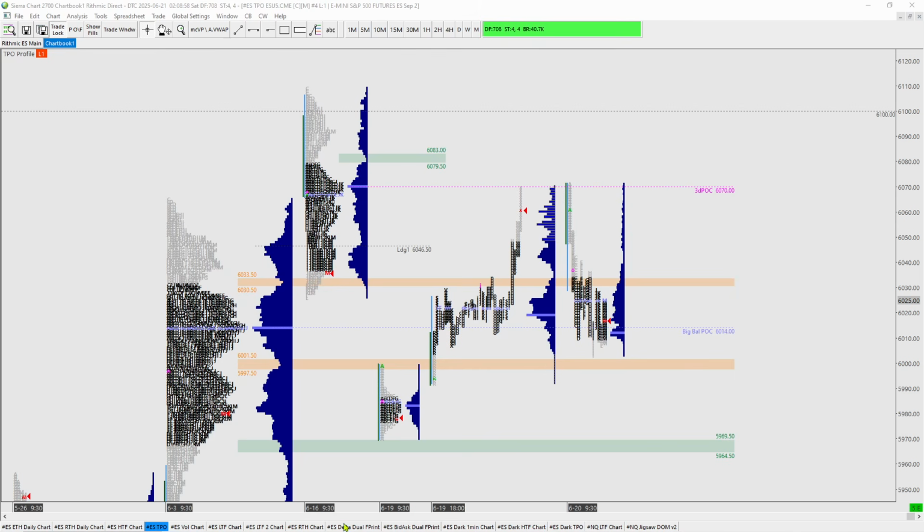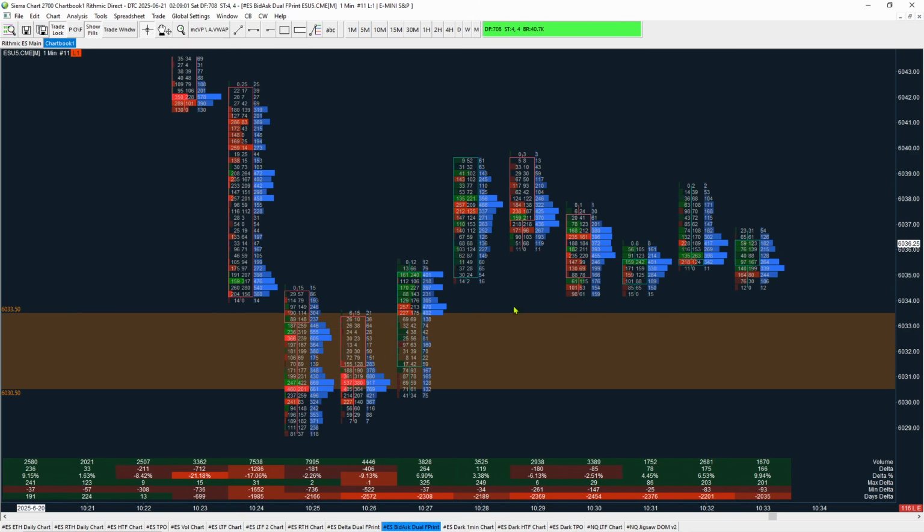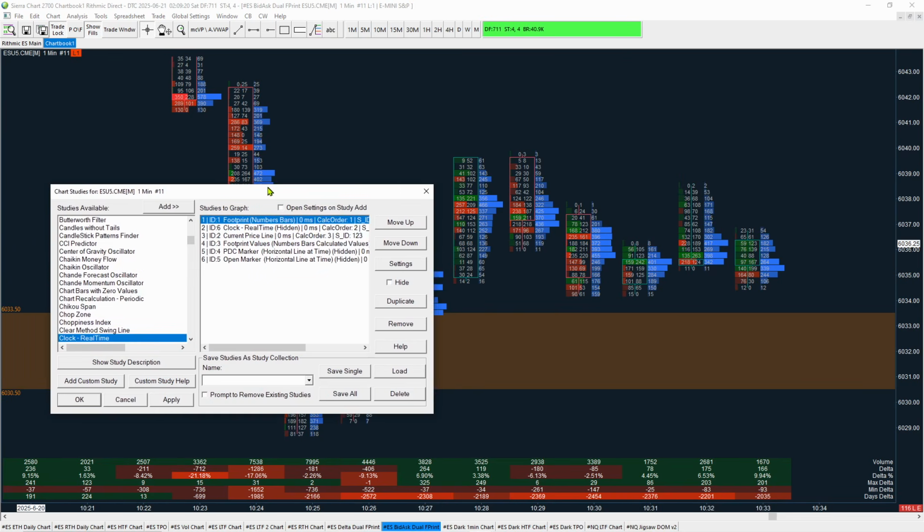Let's go to a footprint and let me give you guys an overview on what a footprint is if you're a very beginner. A footprint is a candle chart, just like every other candle chart.